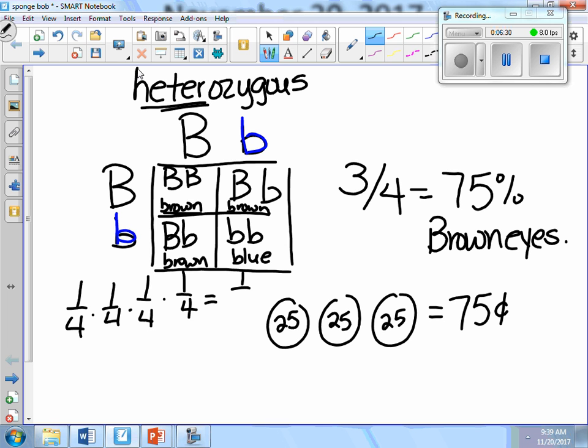Times 4 is 64. What's 64 times 4? 1 out of 256. Do you think that somebody's going to have that? Those are high odds, but they're not as high as the lottery, so they could. People win the lottery, people can have 4 blue-eyed babies with heterozygous genes, right?